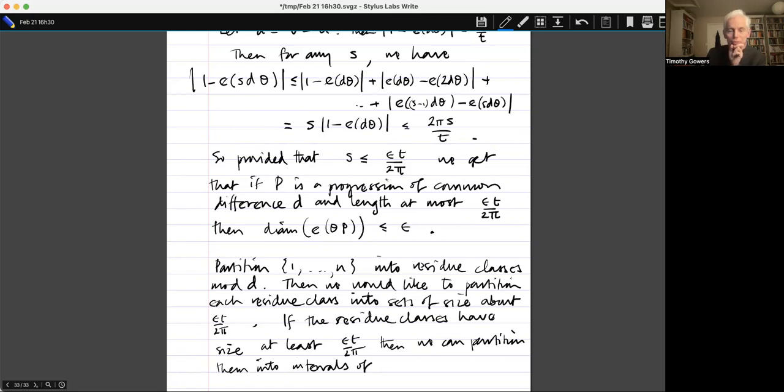By interval, I don't really mean literally an interval, but I mean a sub-progression of common difference d.